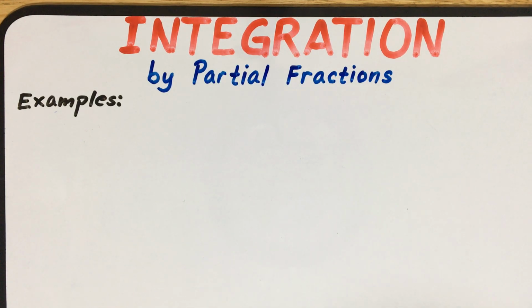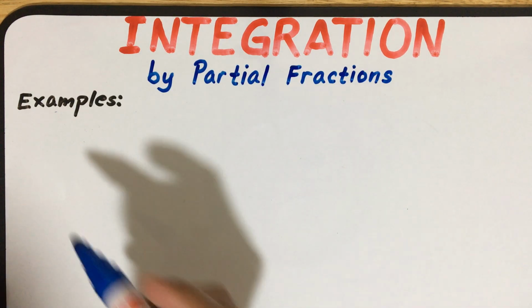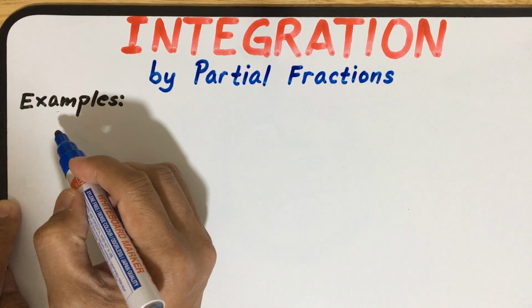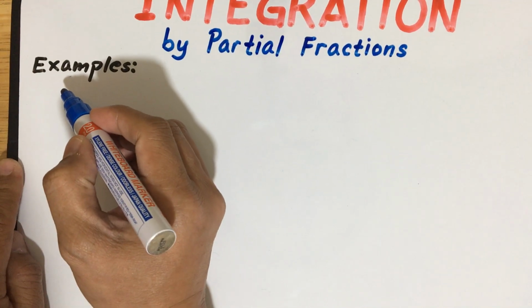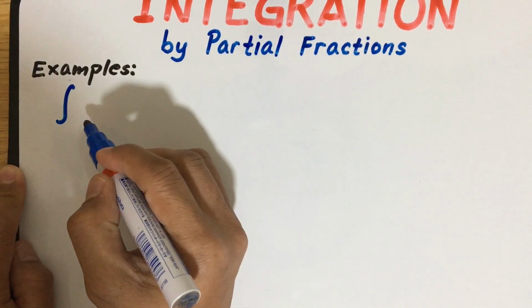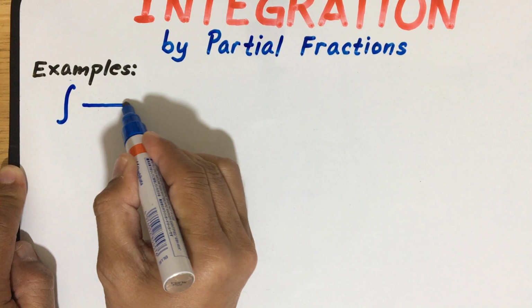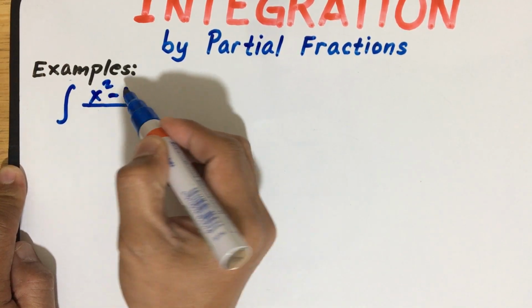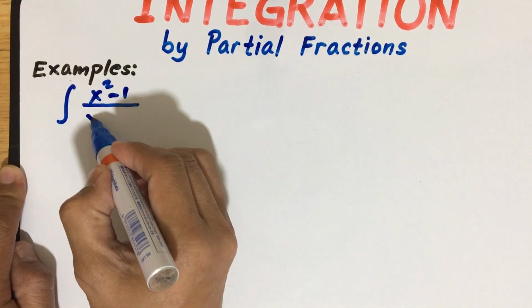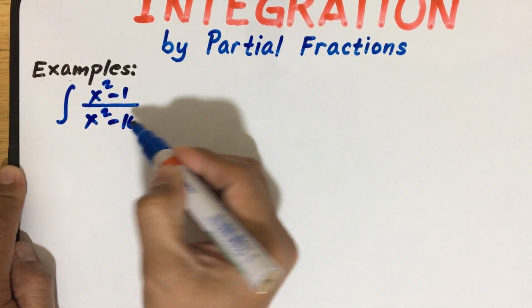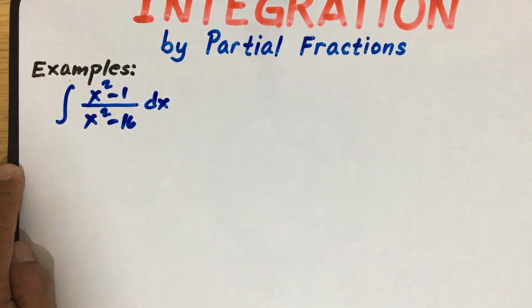This is our next example, class. Again the instruction here is to integrate the given integral of, at the numerator we have x squared minus 1, and the denominator is x squared minus 16, times dx.